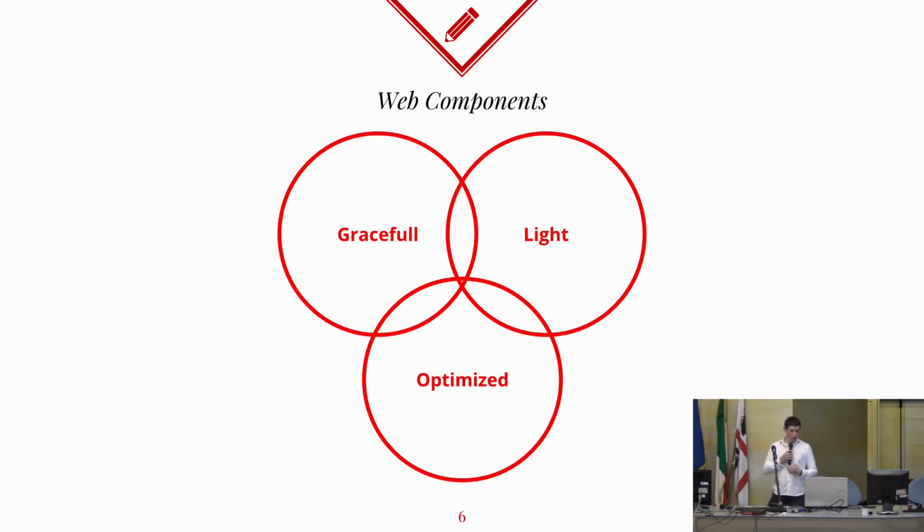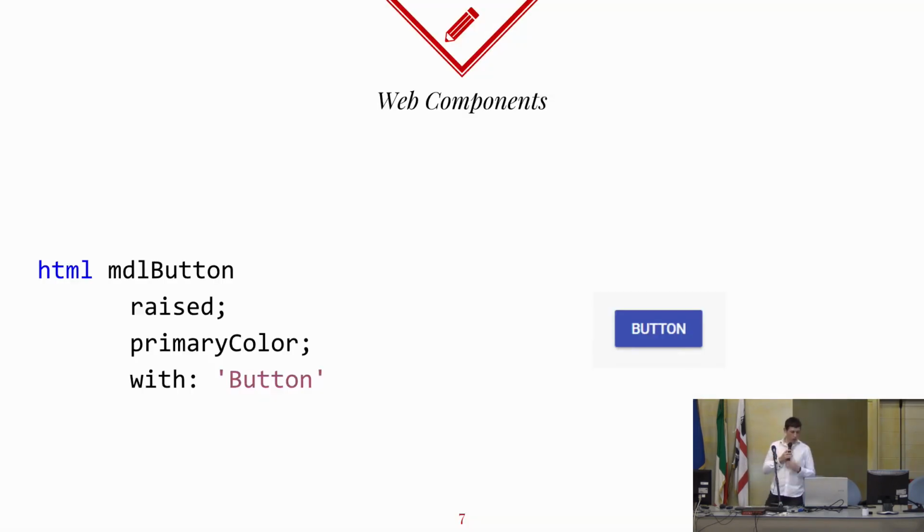Material Design Lite brings some web components that are graceful, light, and optimized. It's the core of the project, and you just use it with some Seaside brushes to create your interface.